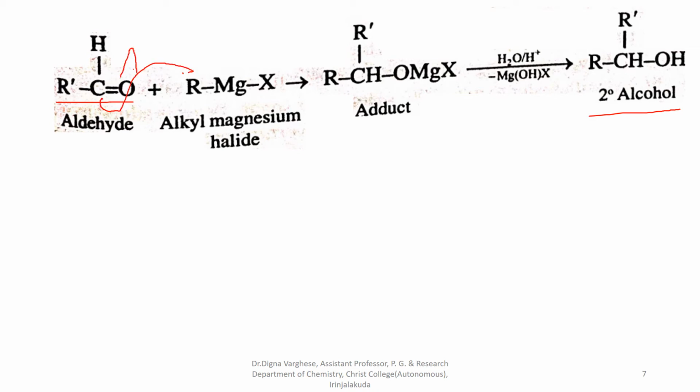Oxygen is attached to magnesium, part of the alkyl magnesium halide, and forms an adduct here. This will undergo acid hydrolysis and forms alcohol. Here you can see the secondary carbon atom attached to the OH group. So it forms a secondary alcohol.